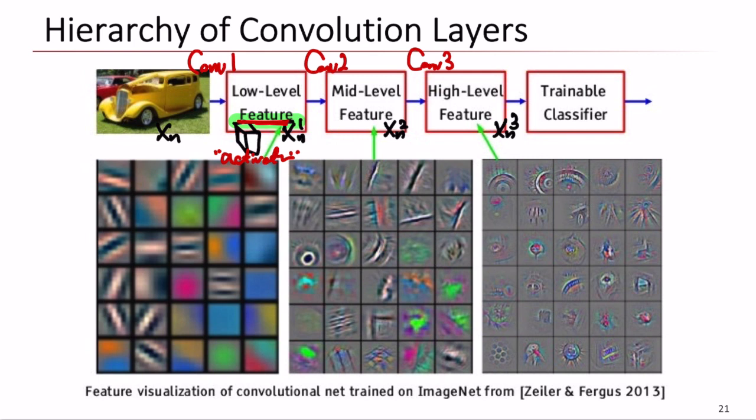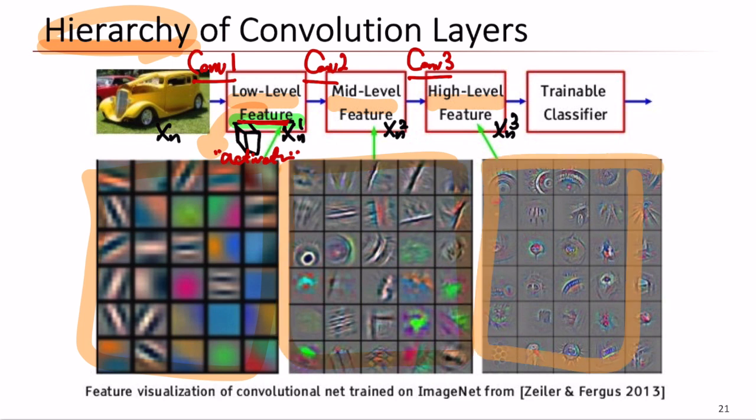Then by stacking this convolution, we found that there is hierarchical information. For example, we can just say that this is low level, middle level, and high level. Then when we visualize this activation map, let's say this one and this one and this one, it encodes something.